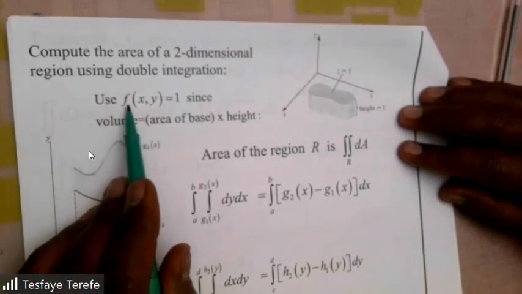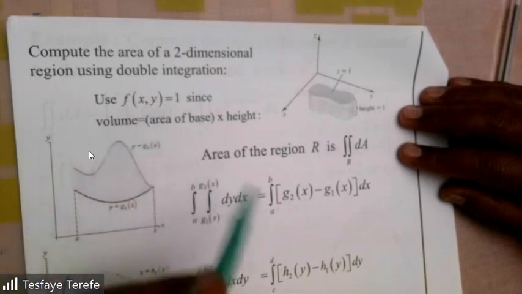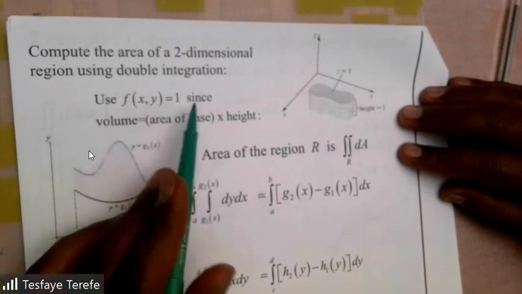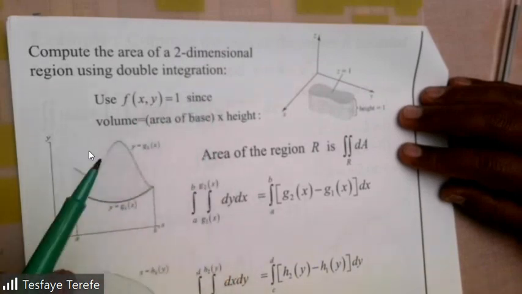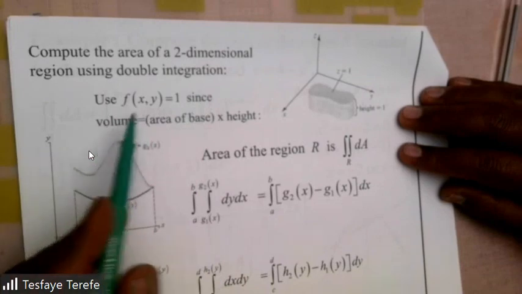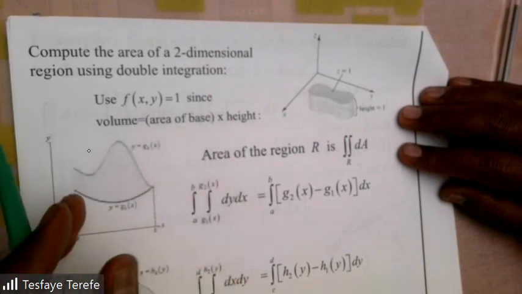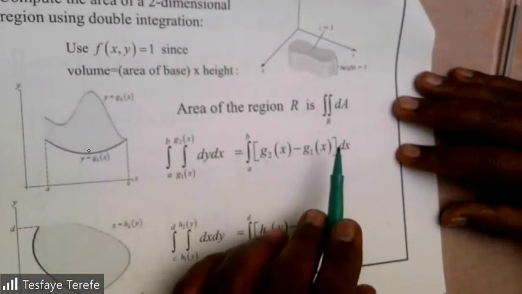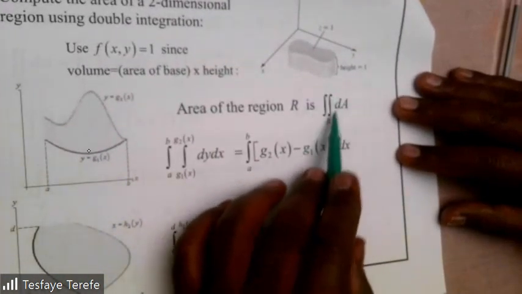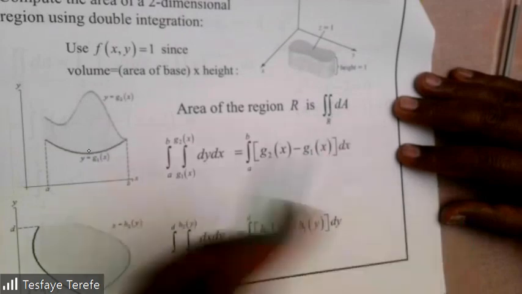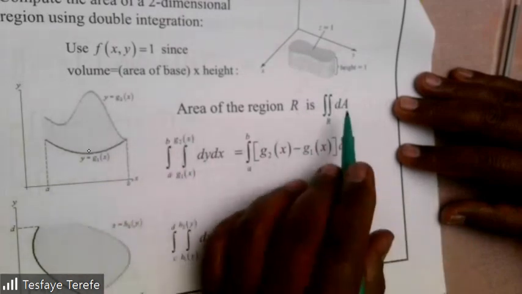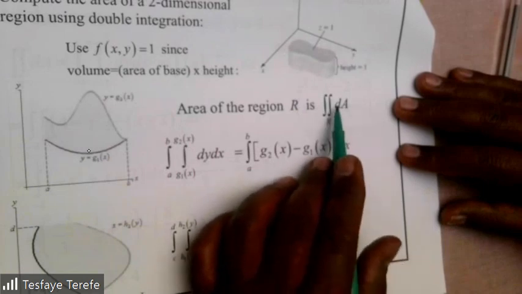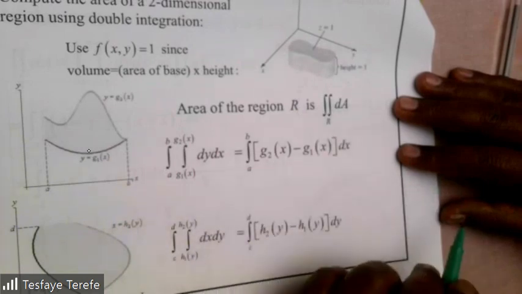Use, for example, the density function, which we will call f of x y equals 1, since volume equals base area multiplied by height. So the area of the region R is the integral of 1 times dA, because the density function f times dA, so this 1 times dA is dA.